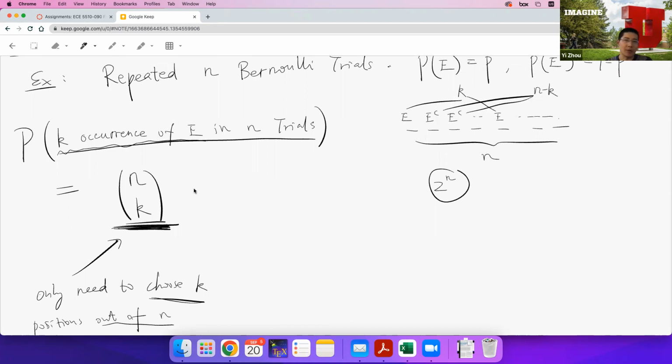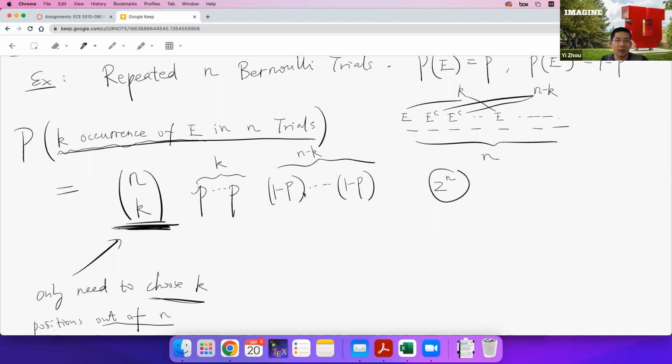So each E happens with probability P, and you have K of them. So you repeatedly multiply P K times. And each E complement happens with probability 1 minus P, and you have N minus K of them.